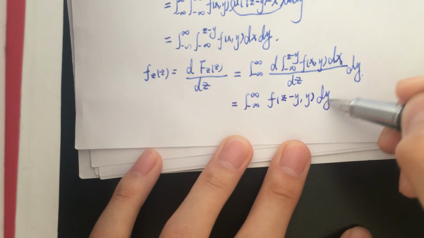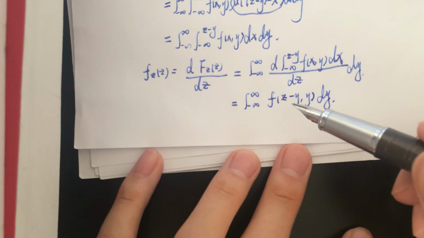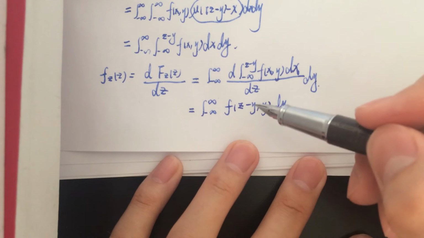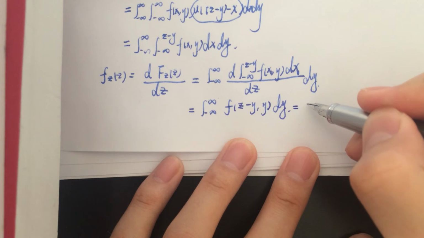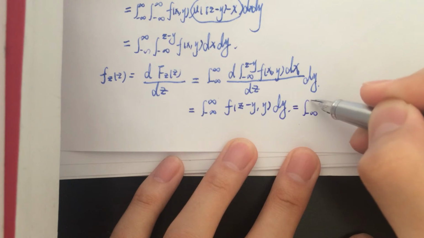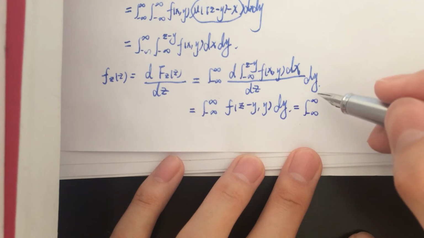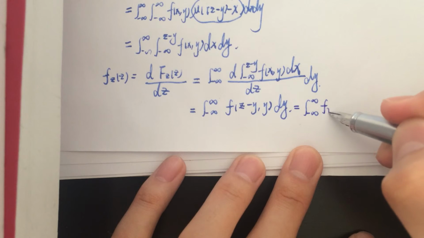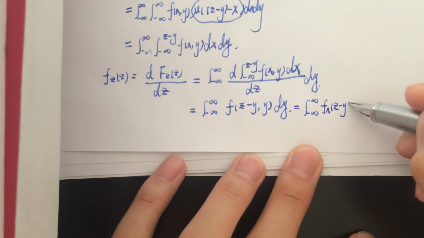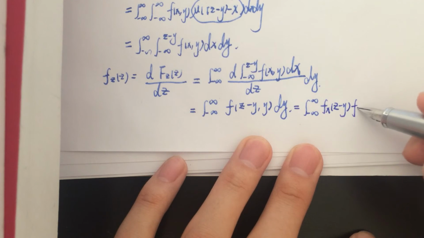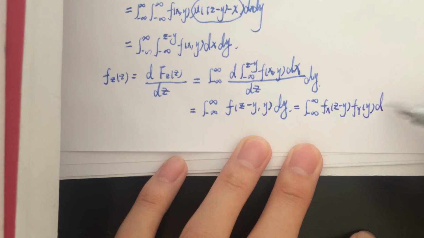Since we know X and Y are independent, according to this one, we can get this one equals the integration from minus infinity to infinity of f_X(z minus y) times f_Y(y) dy.